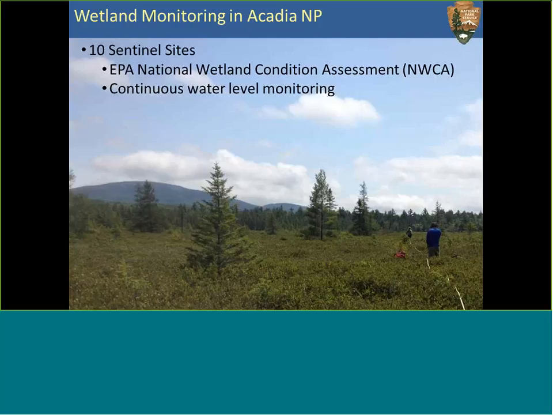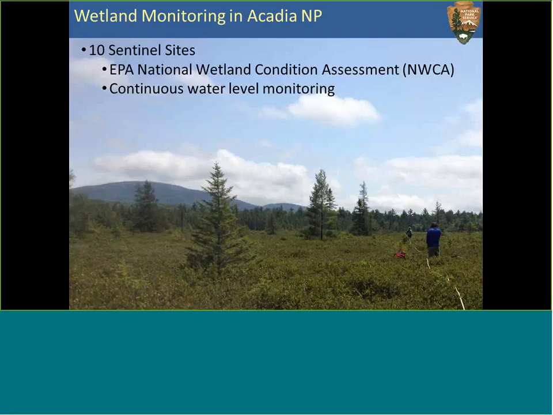So specifically for wetland monitoring in Acadia, we use a three-tiered approach where we have 10 sentinel sites that we sample intensively using the National Wetland Condition Assessment protocol. And there are also potential reference sites for the National Wetland Condition Assessment. And we also have continuous water level monitoring occurring in these sites.